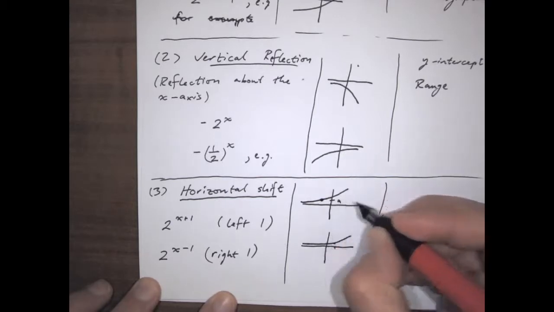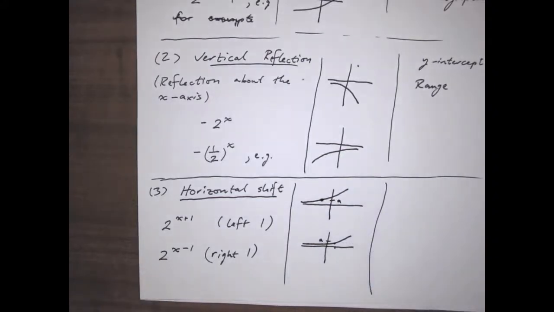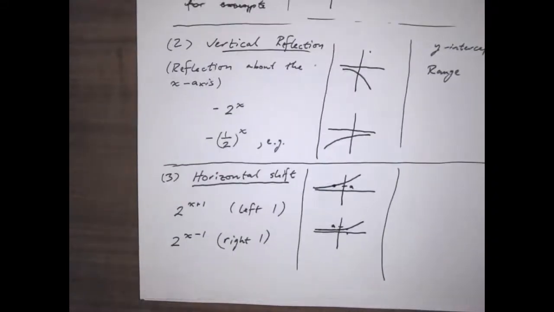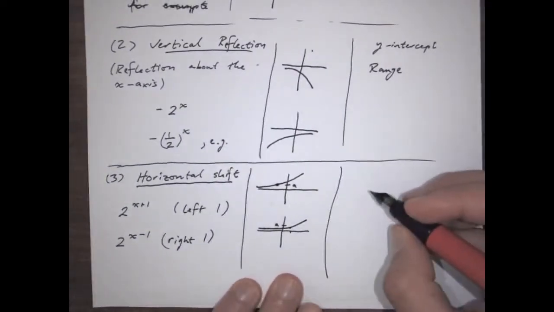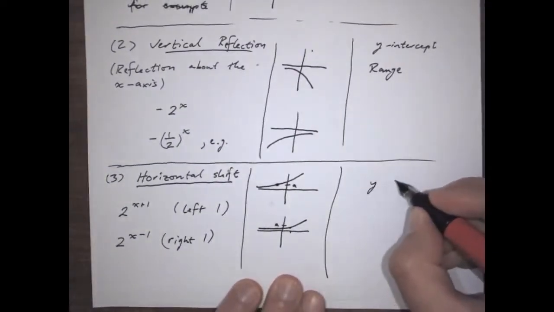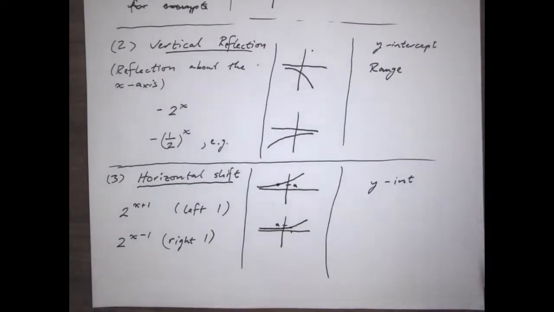In particular, the value that used to be the A is not the y-intercept anymore, but is now the shifted version of the y-intercept. So this changes again the y-intercept. But it doesn't actually change the range or the horizontal asymptote.